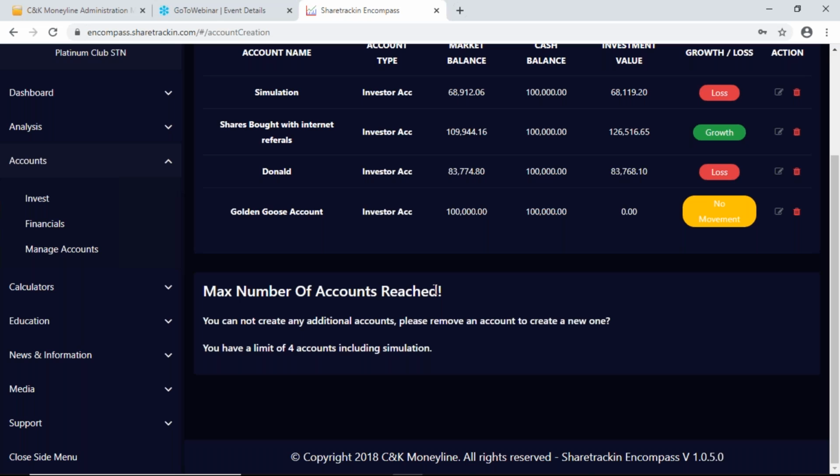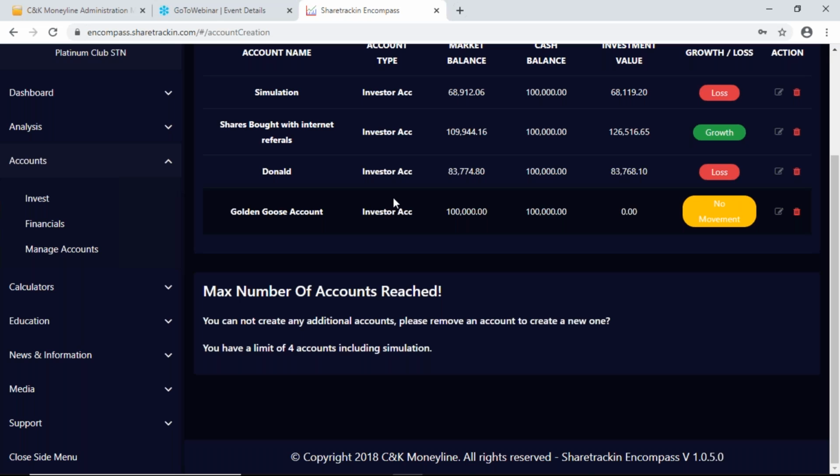It will tell you create an account. Then it's going to ask you for the account type. You select a trader account. You give the account a name. So my account, I called it CFDs. And your amount that you want to start with would always be 100,000.